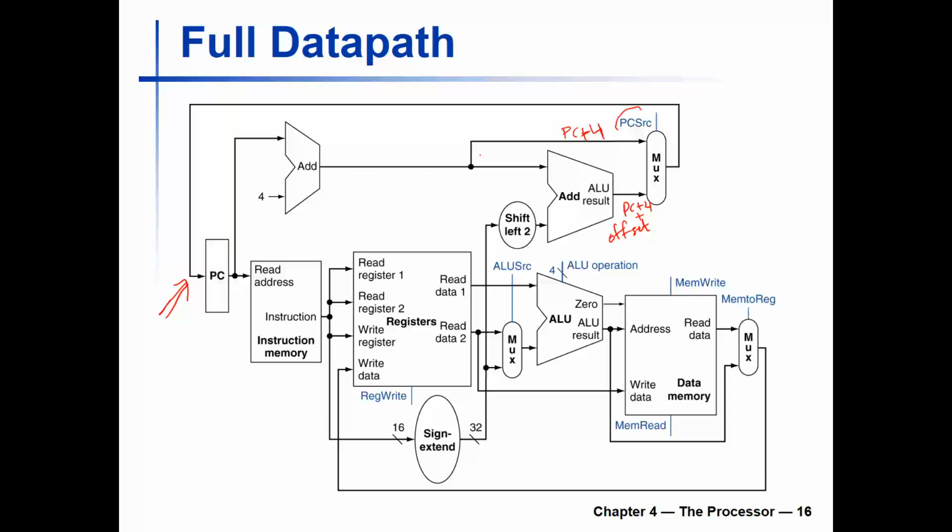Now we use a multiplexer to select one of these two values, and we use a select signal called PC source. Then we get the correct value of the PC and we load it to the PC.